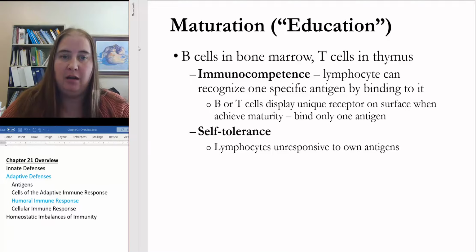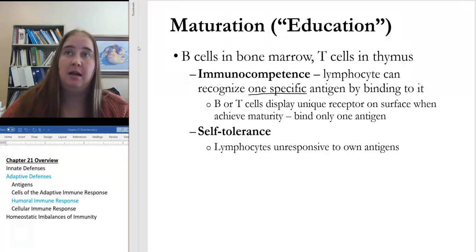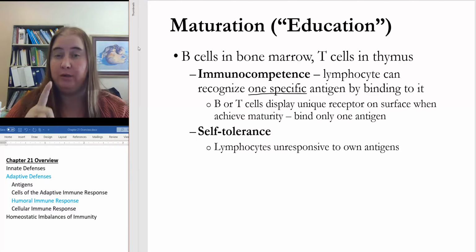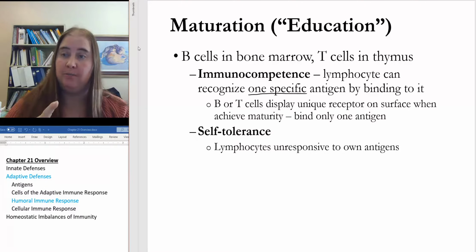The key here, remember I mentioned to you guys in the previous video, is that a B cell can only ever recognize a single antigenic determinant, which means it can only recognize one antigen, and on that antigen, one antigenic determinant.